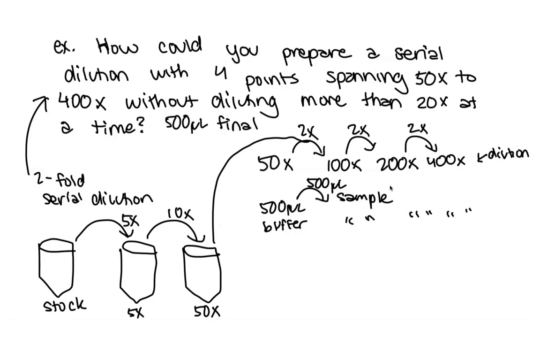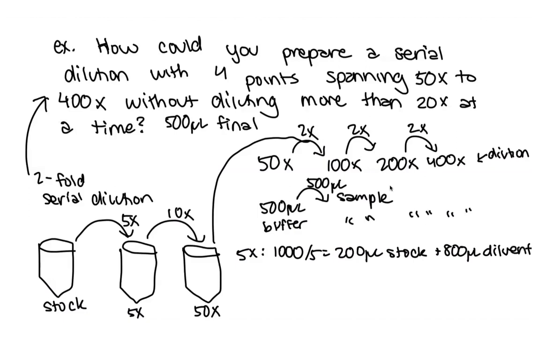So to illustrate this, if we want our 5x, we're going to need 1,000 microliters divided by 5 equals 200 microliters of our stock. And then 1,000 minus 200 microliters is going to be 800 microliters of our diluent.